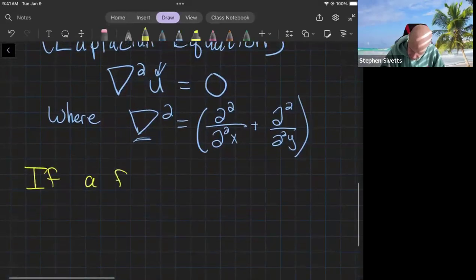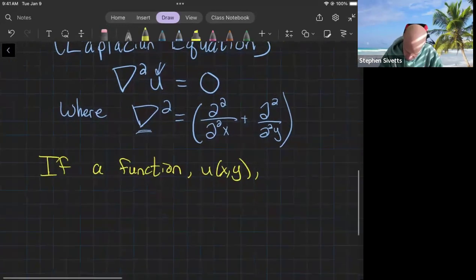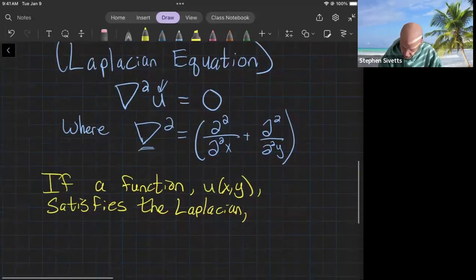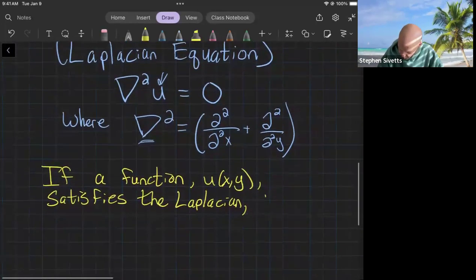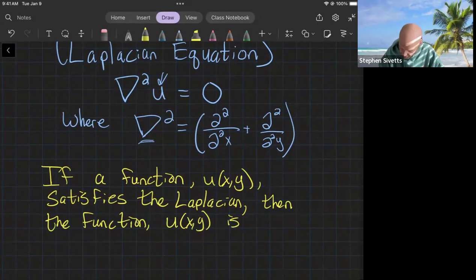If a function u of x, y satisfies the Laplacian, it's also known as the Laplacian equation, then the function u of xy is said to be harmonic.